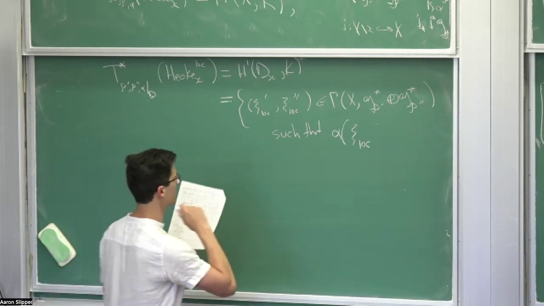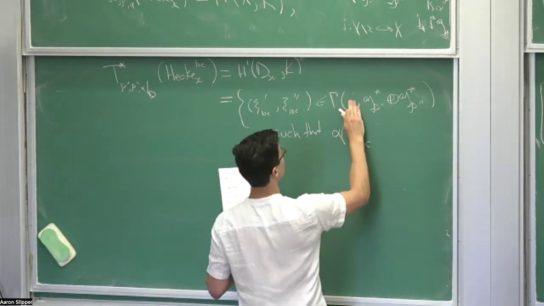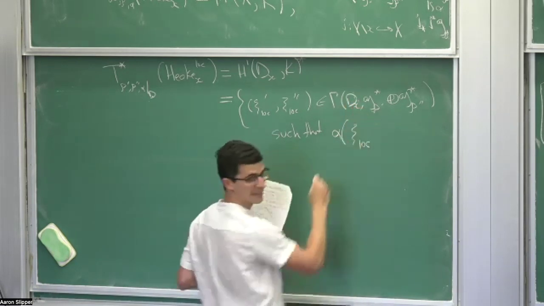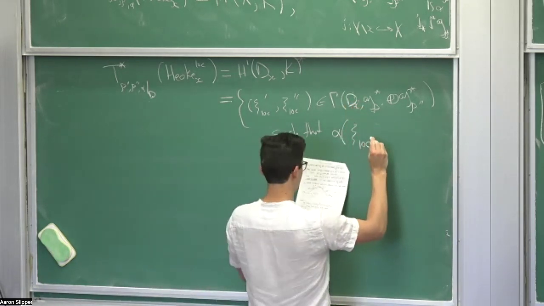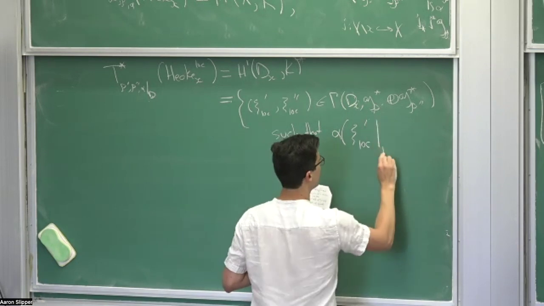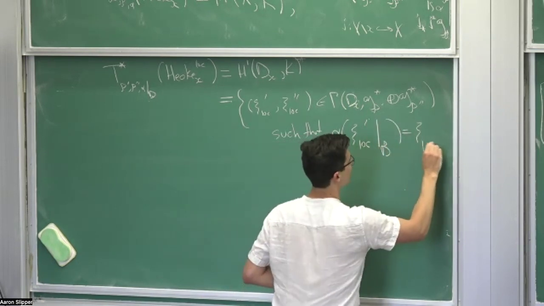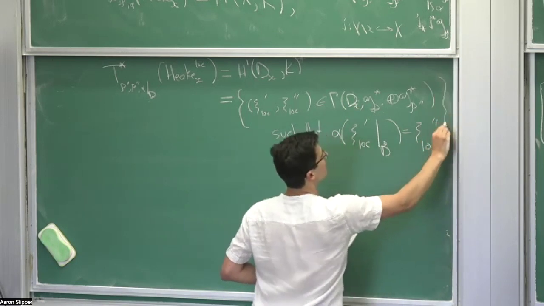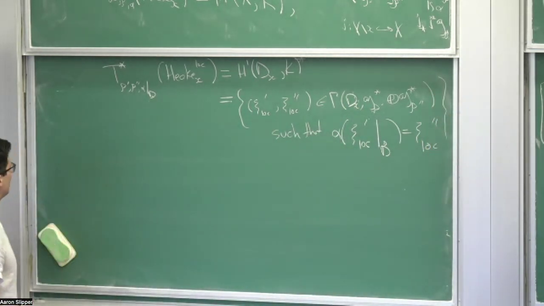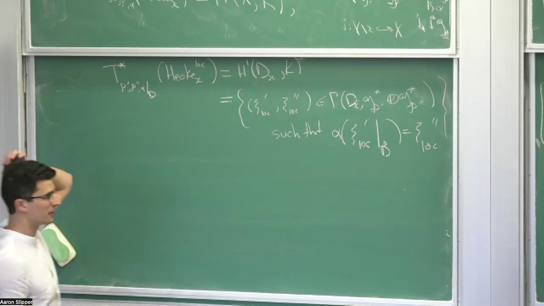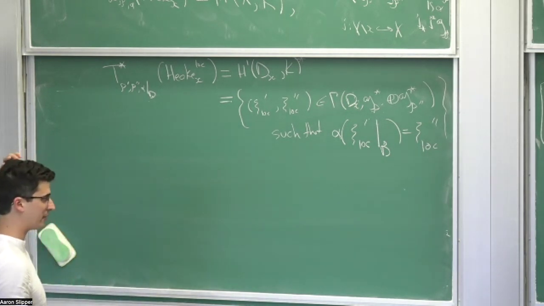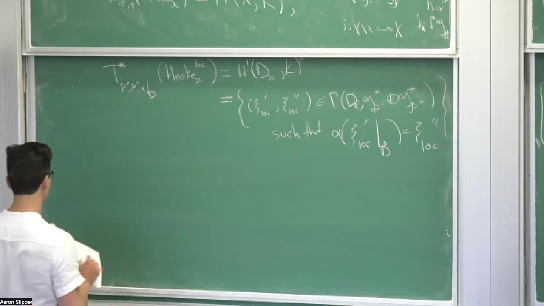I want X because I want this. Sorry, thank you. Then I restrict to the open disk. Okay, and with this identification, I claim we have done half of the work.